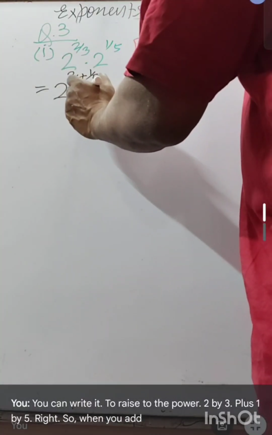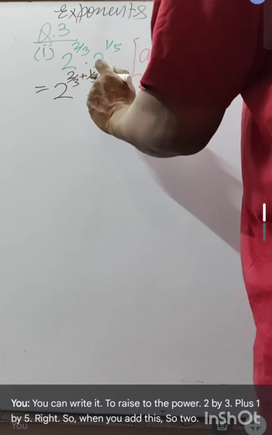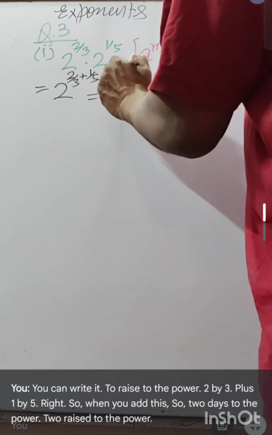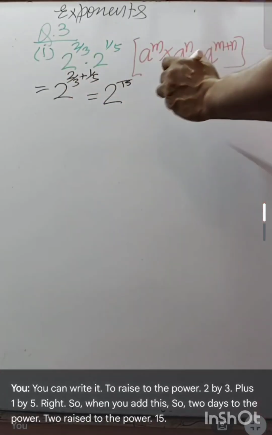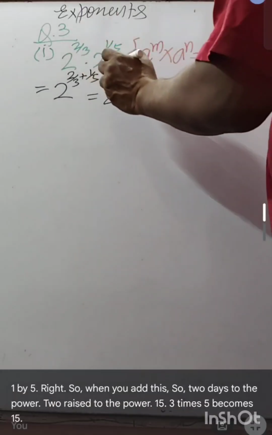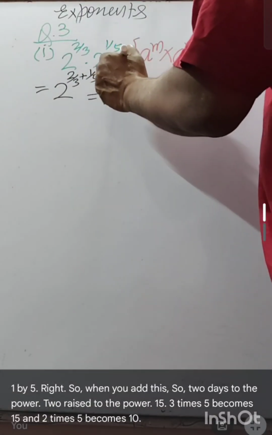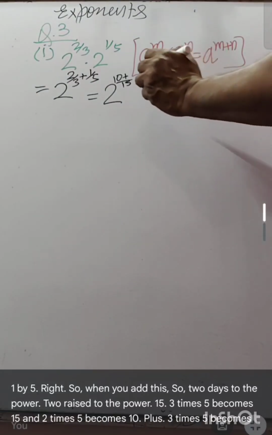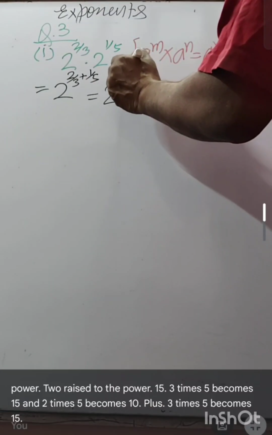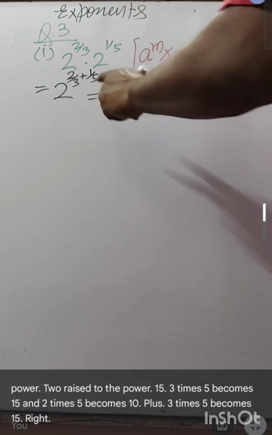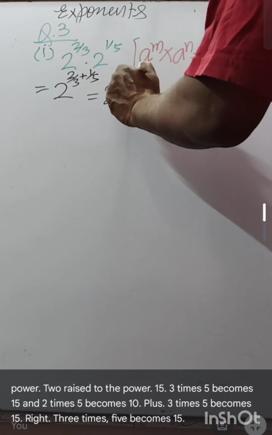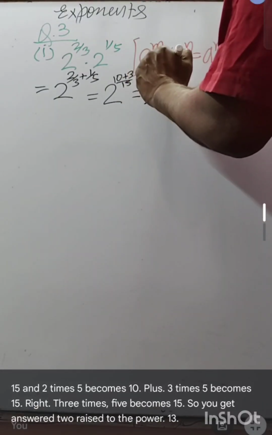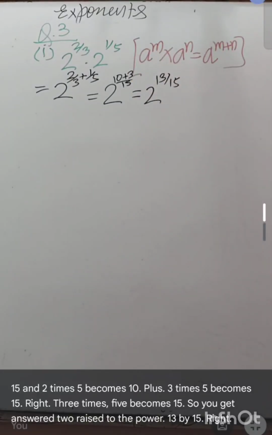So when you add this, 3 times 5 becomes 15 and 2 times 5 becomes 10, plus 3. 3 times 5 becomes 15. So you get the answer 2 raised to the power 13 by 15. Right?